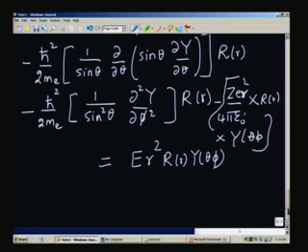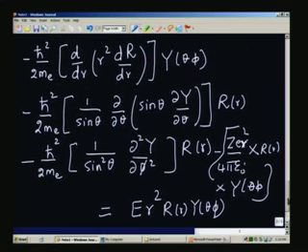Now given this form, you can see this in full screen, that if we divide the whole equation by this R(r) Y(θ,φ), let me just mark this, let us divide the whole equation by that, then what you will see is this Y will go away and there will be a 1 by R here, because you see this is d by dr, this is an operator, so you have to divide 1 by R here, and you will have a 1 by Y here.